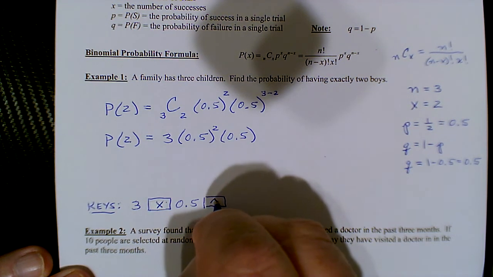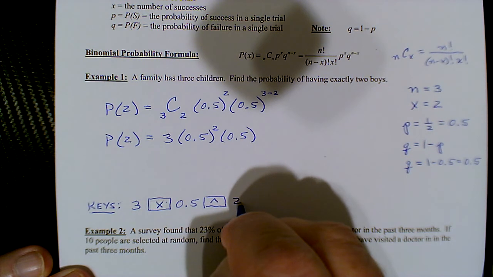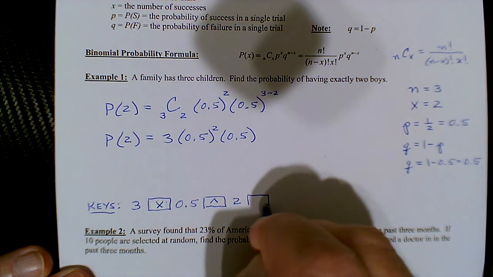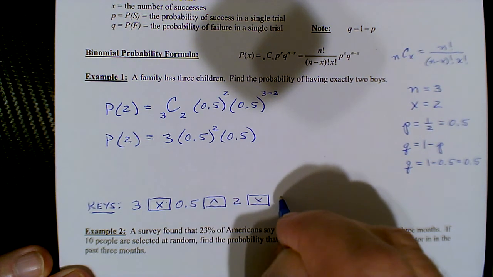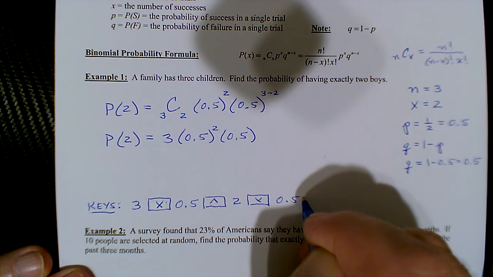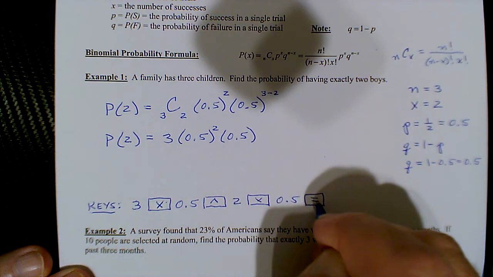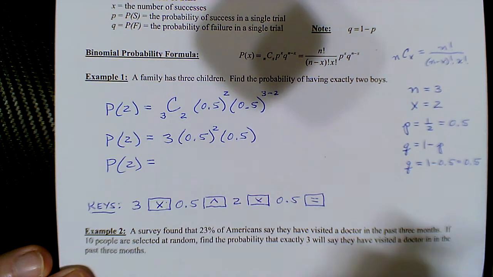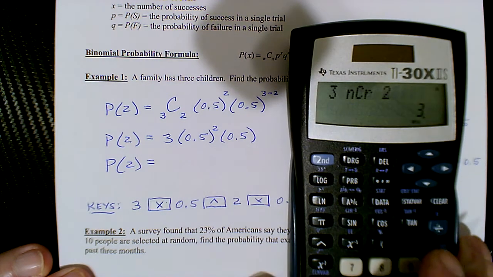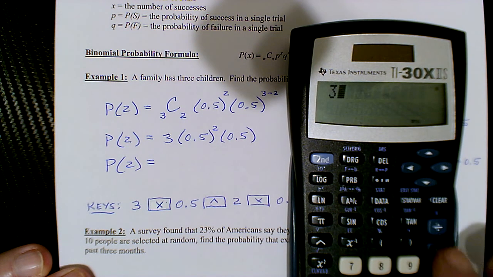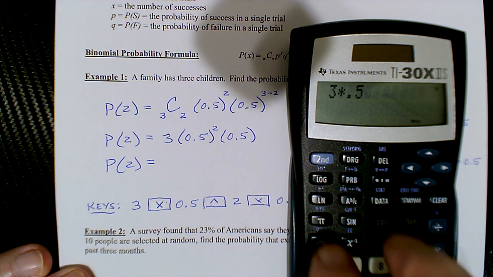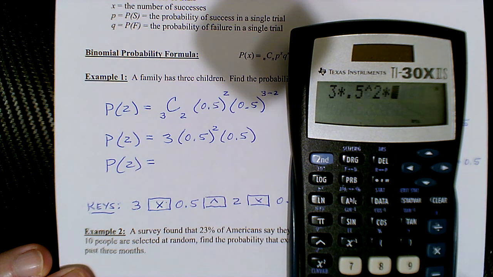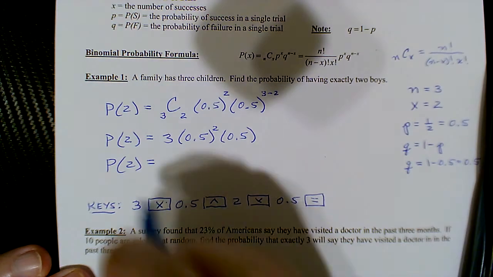So I'm going to use the caret key to square that, and then times the remaining 0.5 and press enter. Okay, so if we follow those keystrokes, 3 times 0.5 squared times 0.5 is 0.375.